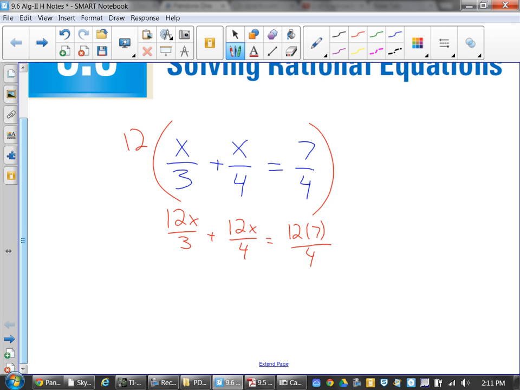When you're multiplying fractions, you're always just multiplying the numerators straight across. Now, is each one of those individual parts a monomial? Yes. What's 12 divided by 3? 4. What's 12 divided by 4? 3.